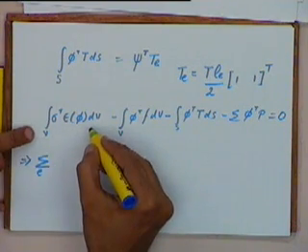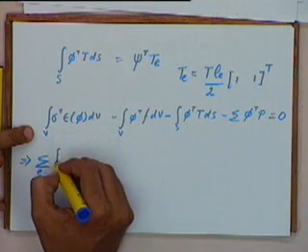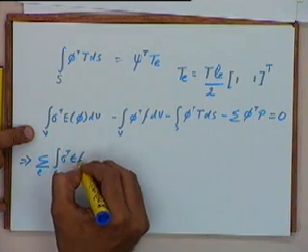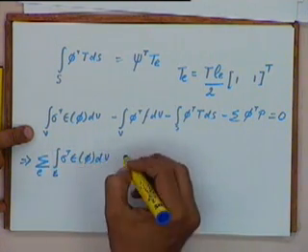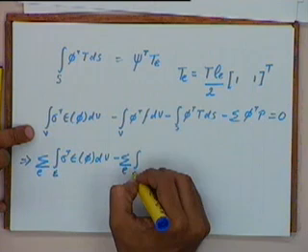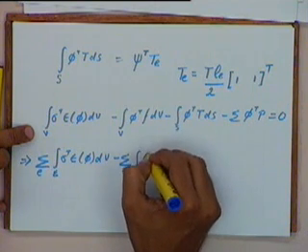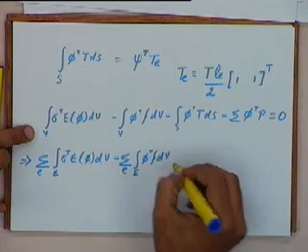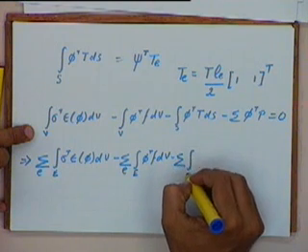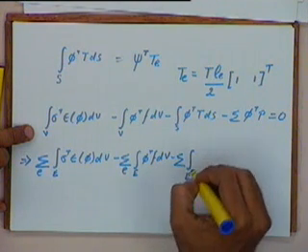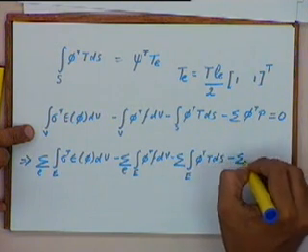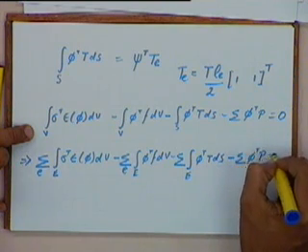So this expression becomes: the summation over all elements of the integral over the element of sigma transpose epsilon of phi dV, minus the summation over all the elements of the integral over the element of phi transpose F dV, minus the summation over all the elements of the integral over the element surface area of phi transpose T ds, minus the summation of phi transpose P, equal to 0.